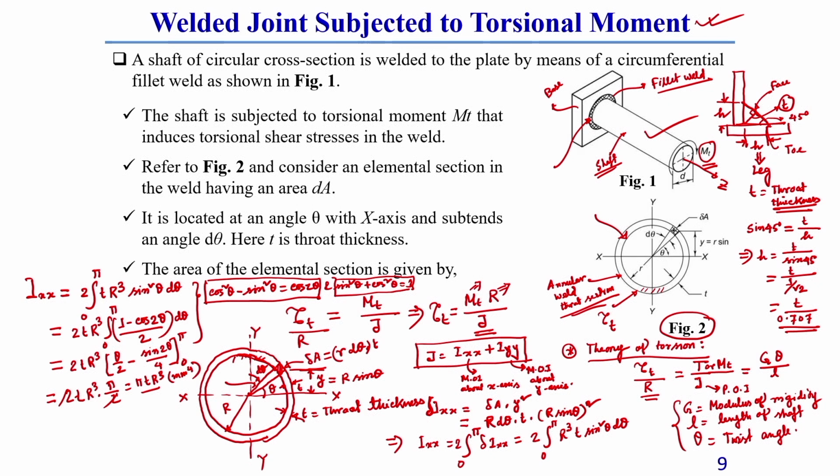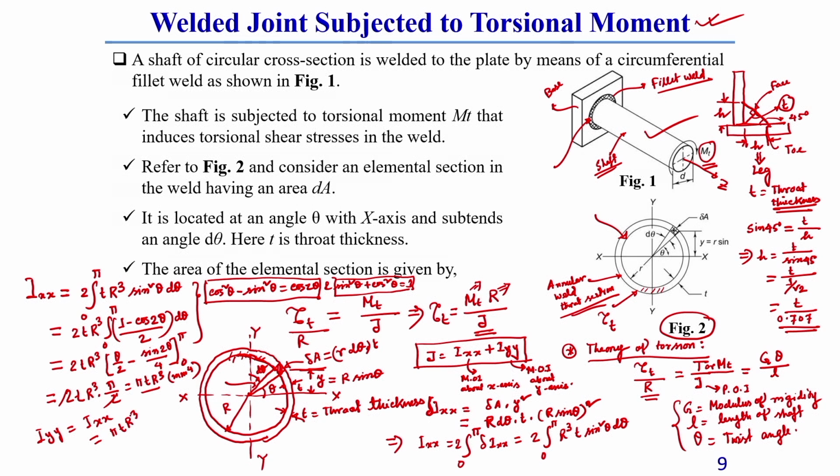Now, what is j? As it is a symmetric type of section, you can see this annular fillet section is symmetric about the x axis and y axis. So, due to symmetry, Iyy is also equal to Ixx, that is also pi t r to the power cube.